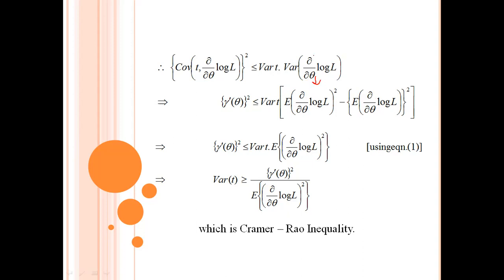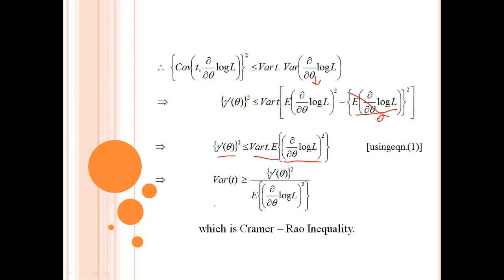So in the place of x we have ∂/∂θ log L: expectation of ∂/∂θ log L the whole square minus expectation of ∂/∂θ log L the whole square. And we know this value is equal to 0 from equation 1, so this will be cancelled out. We get only this value, so this only we have to prove. We have variance of T, gamma dash of theta the whole square, expectation of ∂/∂θ log L the whole square.